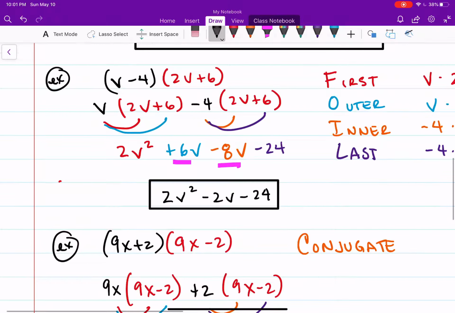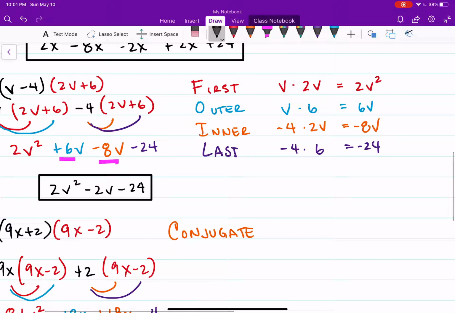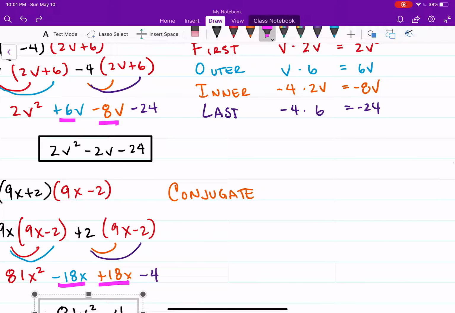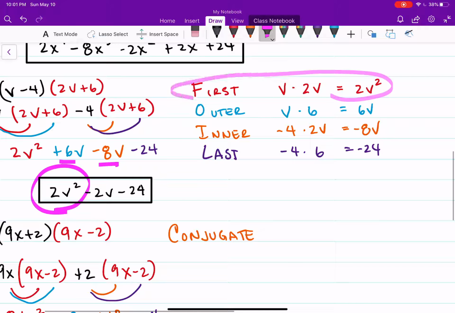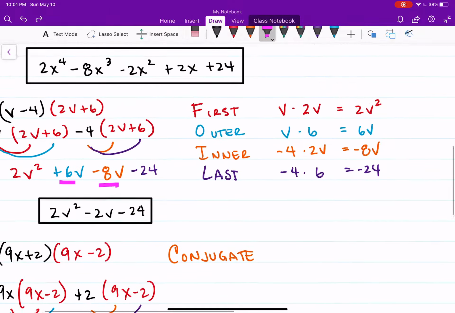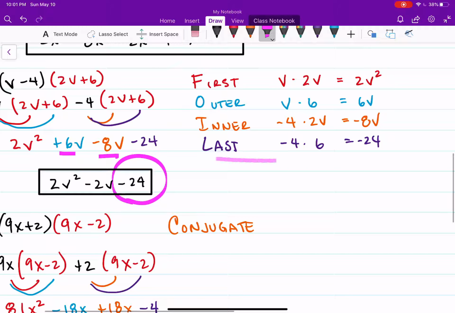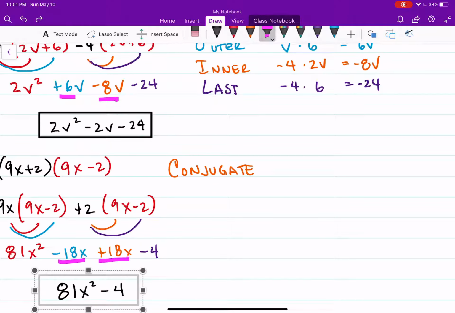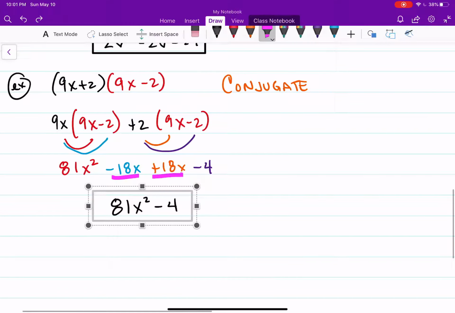So over here, the negative 2v came from my outer and inner, right? And this piece here came from my first, okay? And this negative 24 came from my last, all right? So I want you guys to understand that. So same thing here. That's the reason why I say my outer and inner goes away, okay? Left with my first and my last, but that would be my answer there.